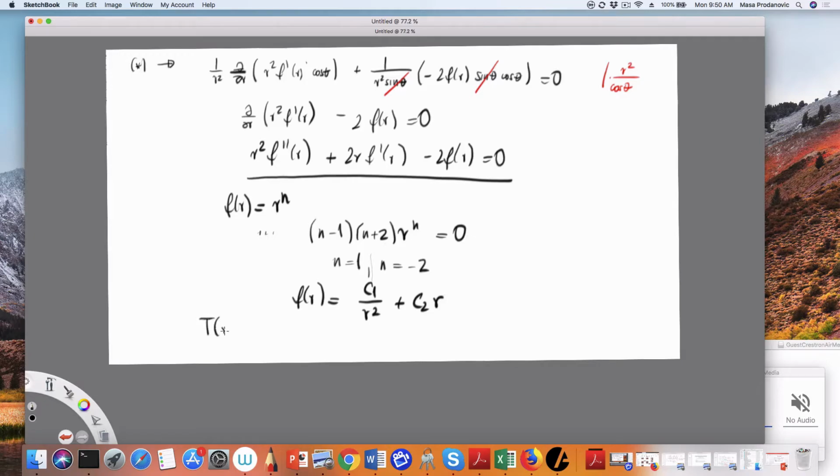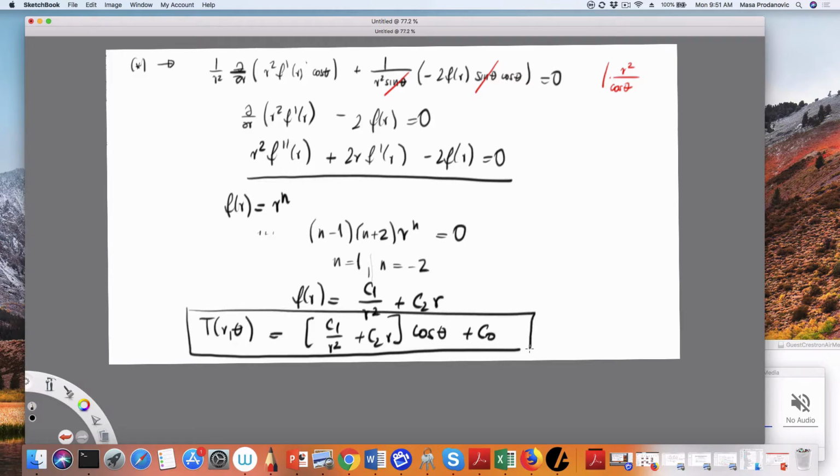So my general form of T of r and theta is c1 over r squared plus c2 r, times cosine theta, plus c0. So I actually have 6 of these that I'm looking for: C1, C2, and C0 inside the sphere, and C1, C2, C0 outside of the sphere, and I have to match the boundary conditions.